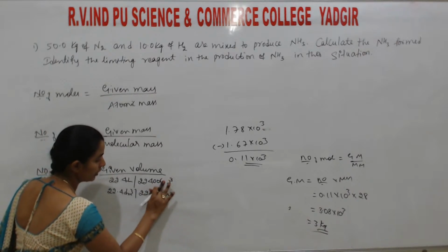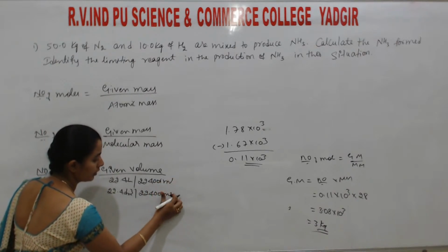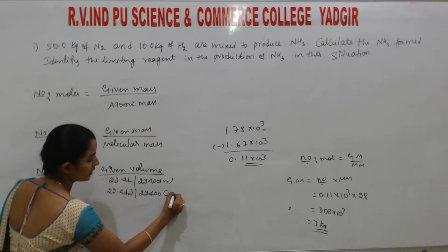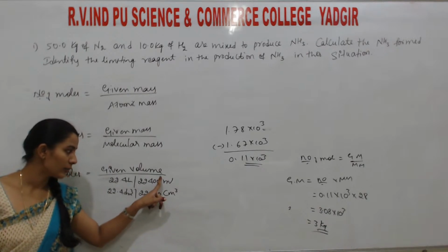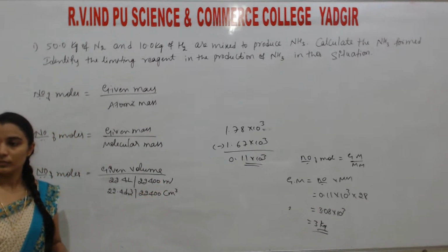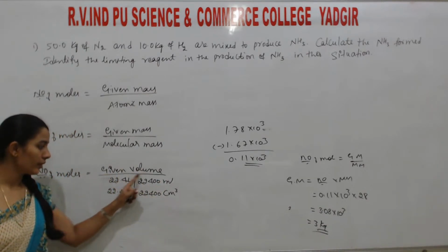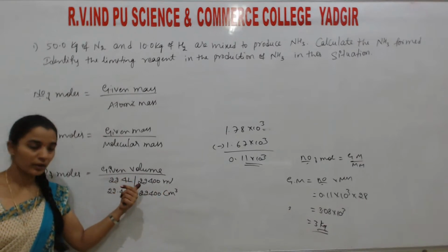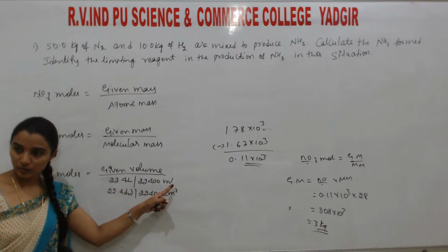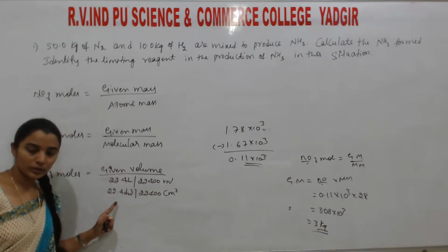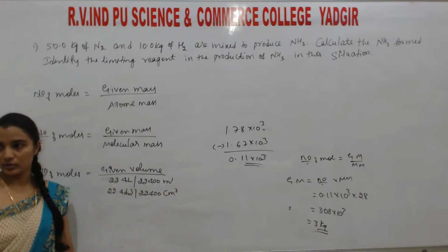So students, you may take it in meter, dm cube, ml or cm cube. That's your choice. Given volume divided by this. If you want to convert it into liter, you have to take this. Into ml, you have to take this. Into dm cube, this. Into cm cube, this.